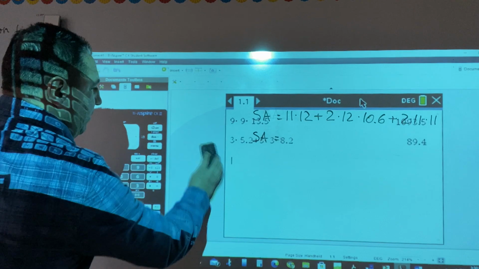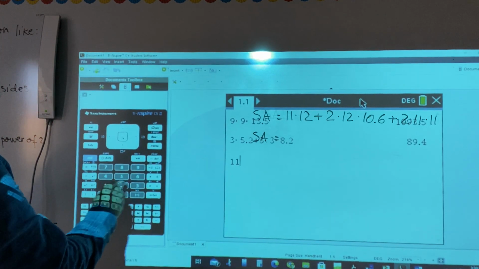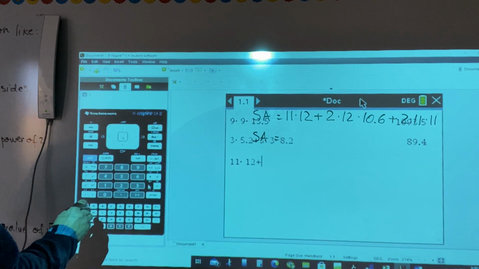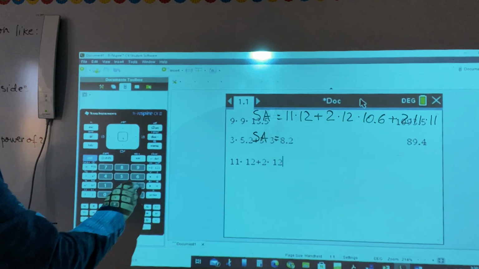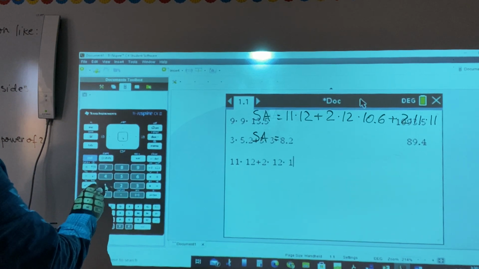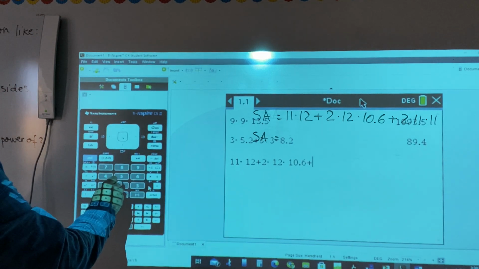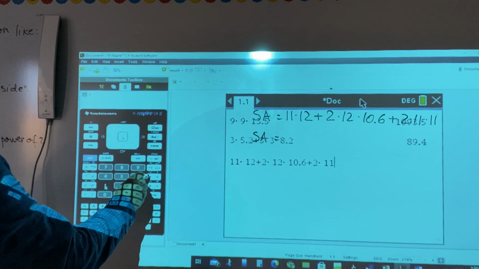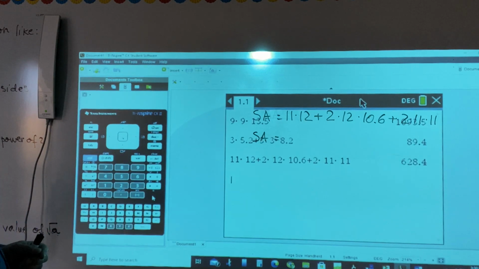So, surface area would be, let's find using calculator. We're going to have 11 times 12 plus 2 times 12 times 10.6 plus 2 times 11 times 11, which is 628.4.